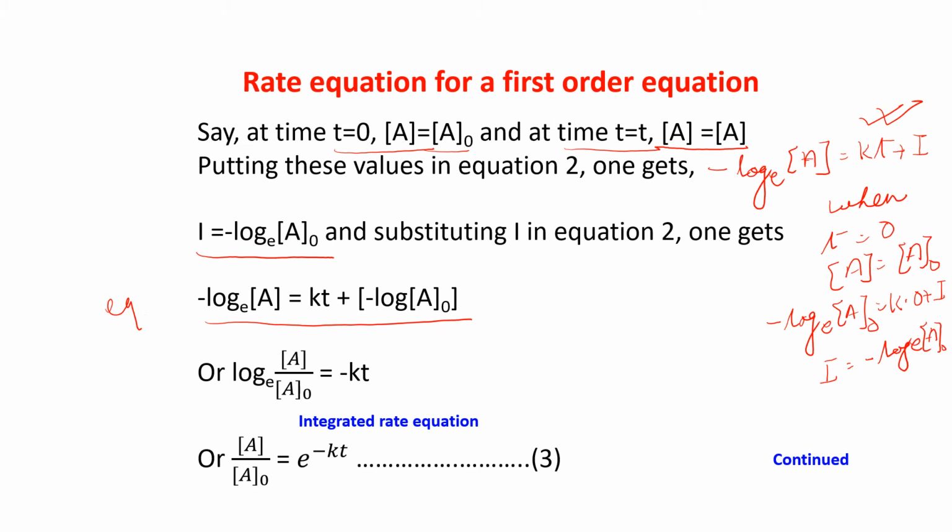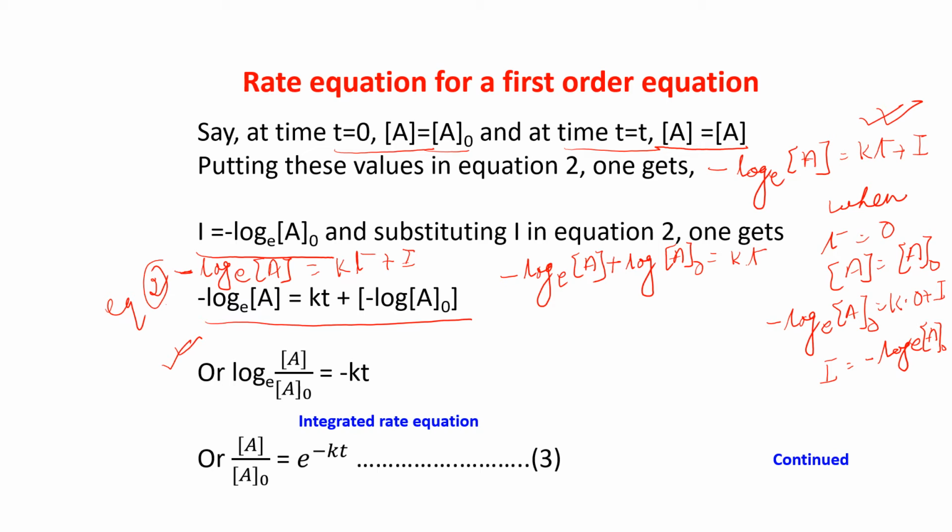This is my equation 2, that is minus log e A is equal to kt plus I. Now put the value of I here. After solving this, I am getting this one. How are we getting it? Minus log e A plus log e A0 is equal to kt.